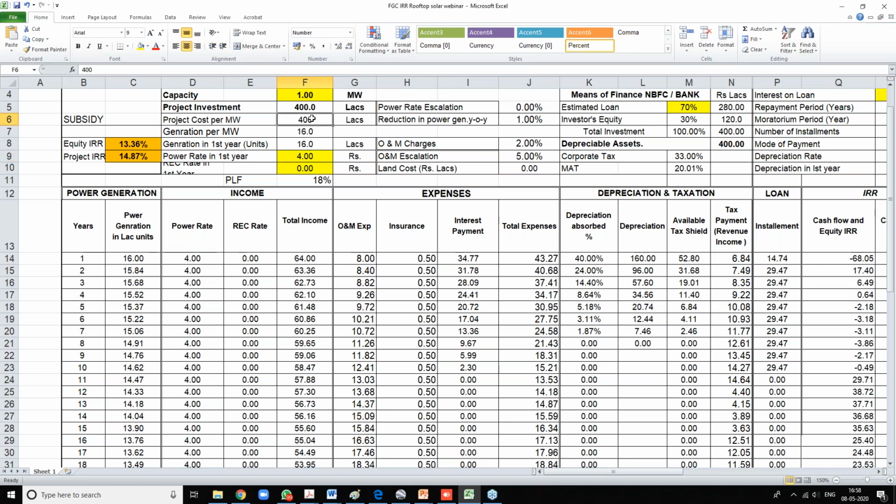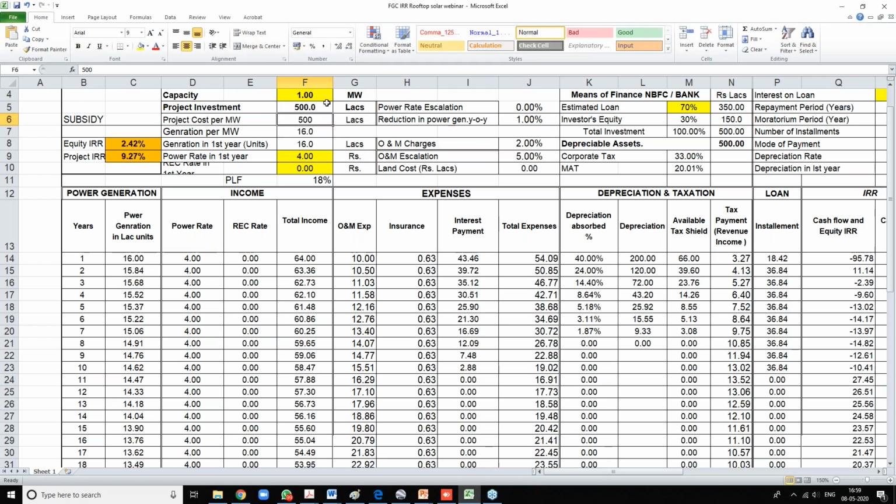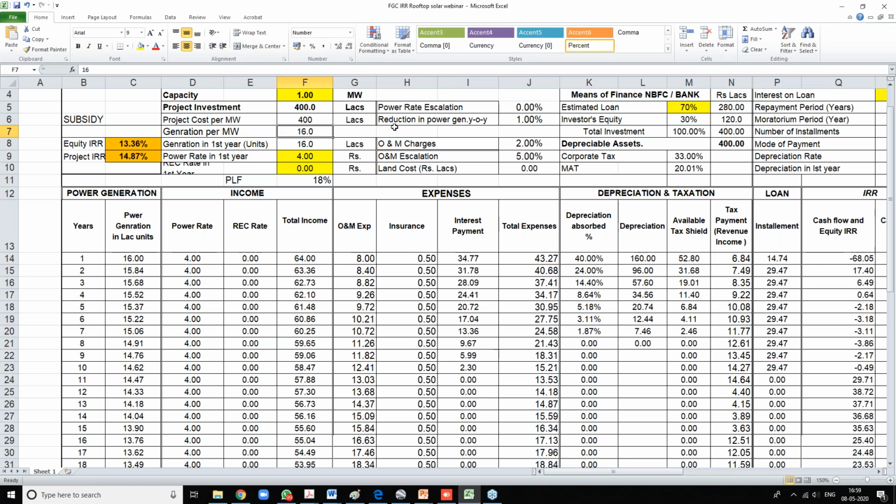Sensitivity should also be checked in terms of your overall project cost, because if your overall project cost increases due to whatever risk during the installation period, then also you are subject to a reduction in your IRR. If, let's say, your project cost increases to 500, your IRR reduces significantly. So this is another sensitivity you should consider while analyzing this. There are a few more things which affect this.